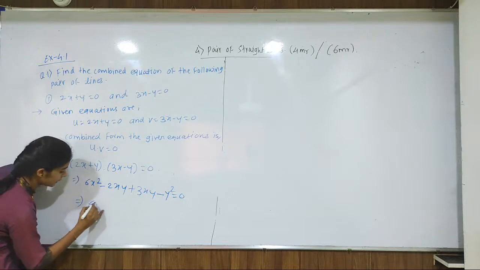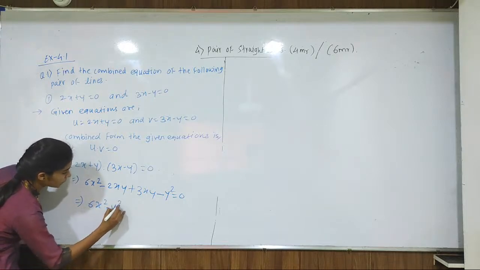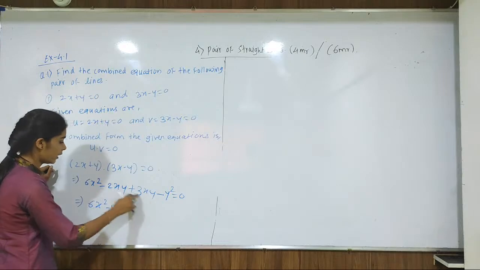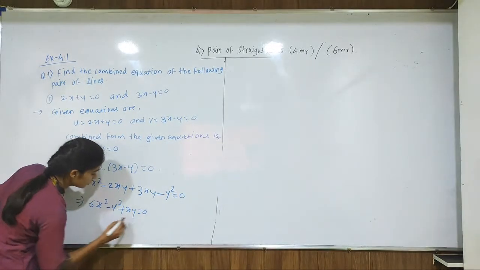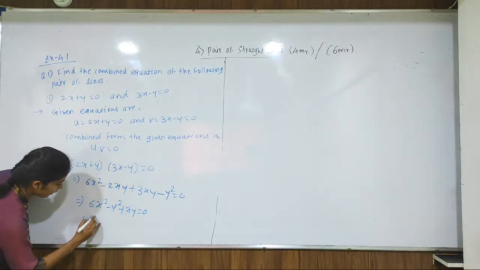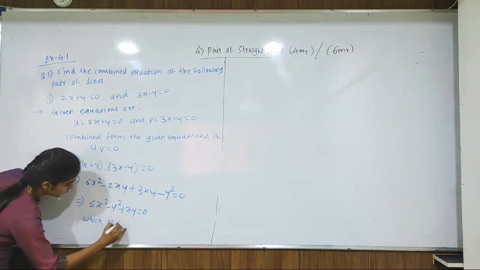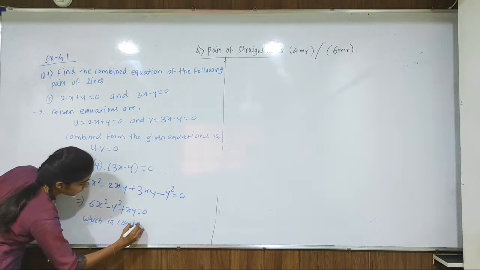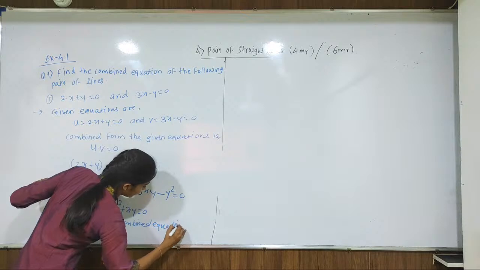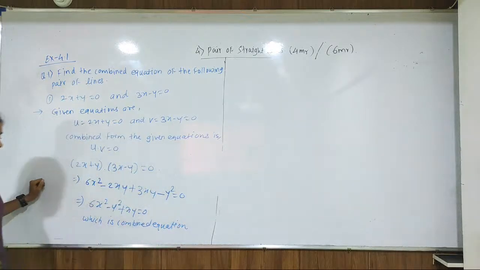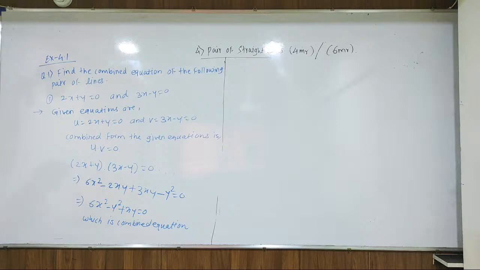So it is 6x square minus y square. 3x square minus 2xy plus xy is equal to 0, which is the combined equation. 6x square, minus 2xy plus 3xy are like terms, aren't they?